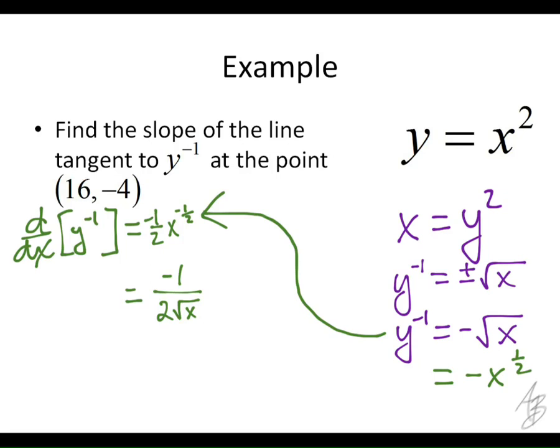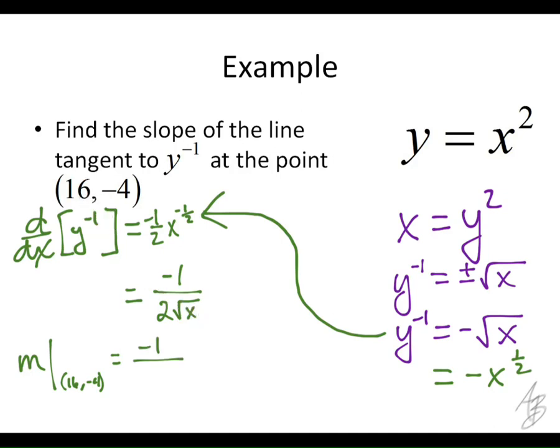And remember, that's the derivative of the inverse. So then if we want to find the slope of the tangent line, so we'll say the slope at this point, 16, negative 4. What are we going to get? How do we do it? Plug in 16. Yeah, we'll plug in 16 to x here.